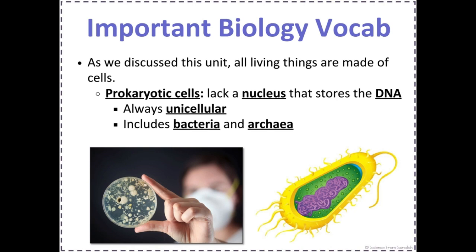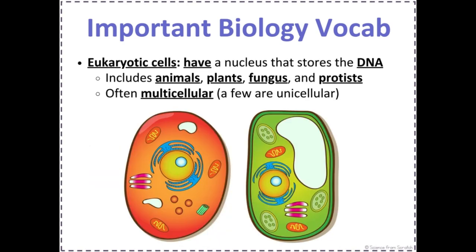Archaea are extremophiles. They live in the hydrothermal vents. They live in the mouth of a volcano. They are everywhere that you do not want to be. Okay, so our bacteria and our archaea are prokaryotic cells that do not have a nucleus. Then we have eukaryotic cells.